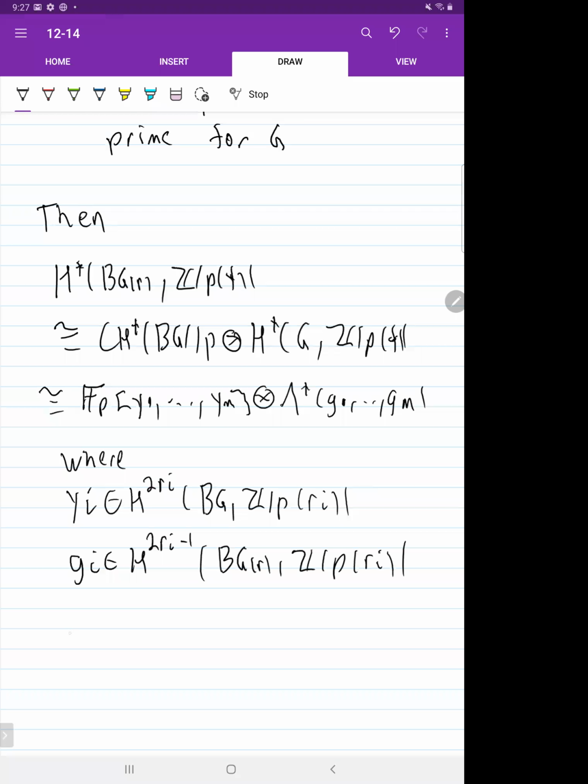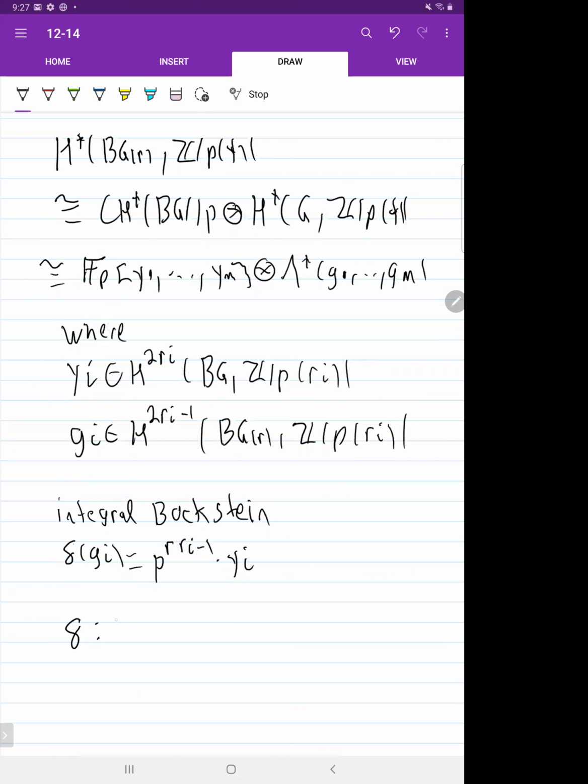And we also have that the integral Bockstein evaluated at g_i is equal to p^r times r_i minus 1 times y_i. So the integral Bockstein goes from H^(2r_i - 1) of BG_r with Z mod p coefficients to H^(2r_i) of BG_r with integral coefficients.